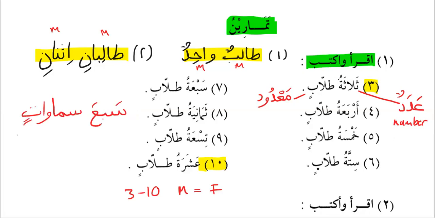So first of all, we can see clearly samawat is feminine, it's jam' mu'annath salim, a sound feminine plural. Because it's feminine, when we look at the number here, we can see it's masculine, sab'a. It doesn't end with a ta. So all the time in the Quran, Allah mentions sab'a samawatin.